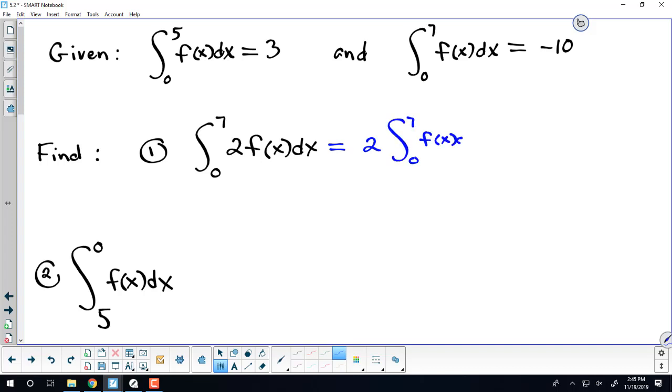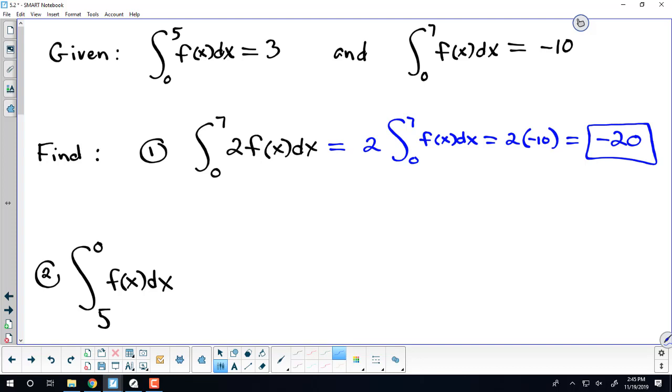We're given that integral, so it's 2 times negative 10, or twice that area. If you look at it as a functional transformation, you're stretching that function vertically by a factor of 2, so you're doubling the area.